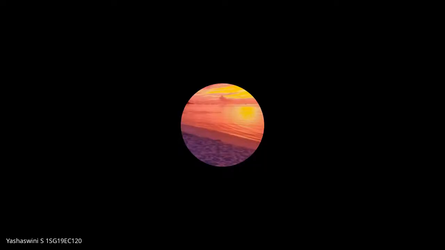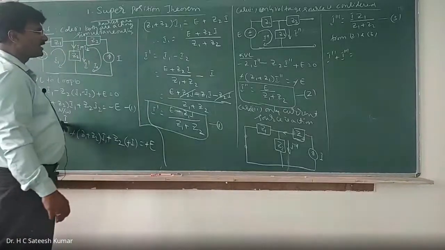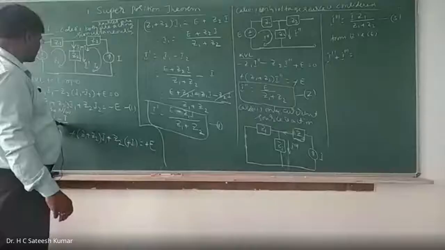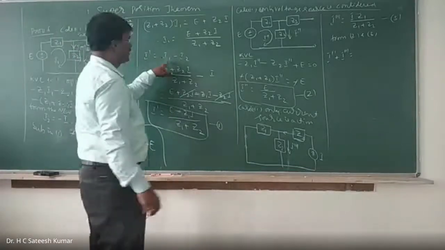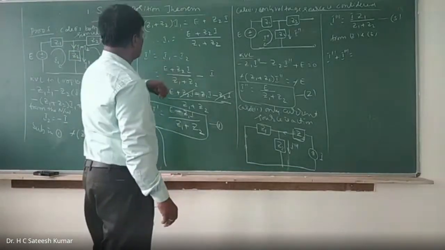Sir, I2 is minus I, sir. I2 is equal to minus I. Sir, it's E minus Z2 I, sir. I dash is equal to what? I1 minus I2.